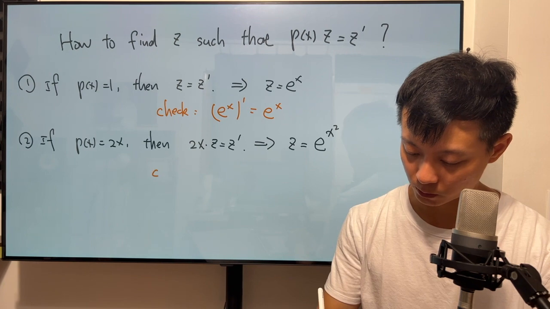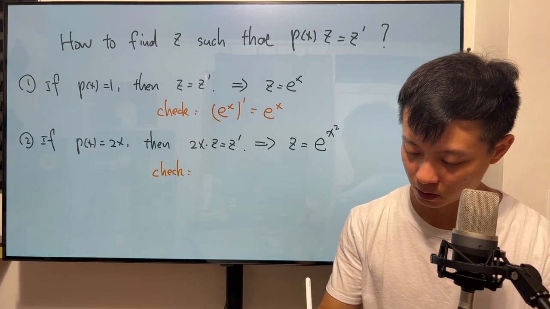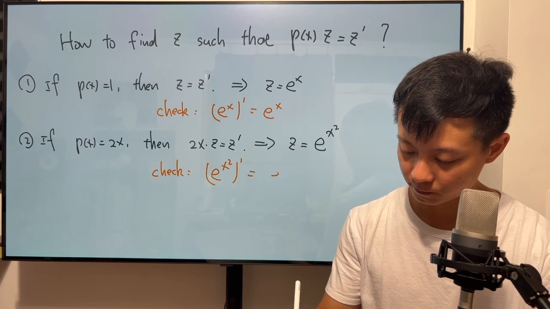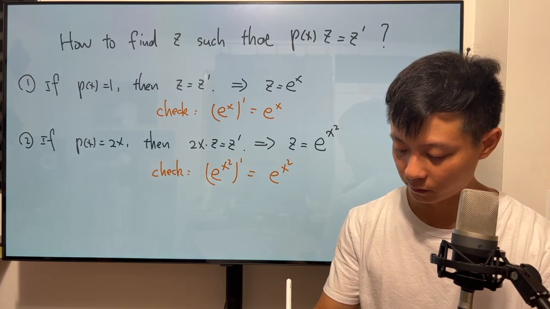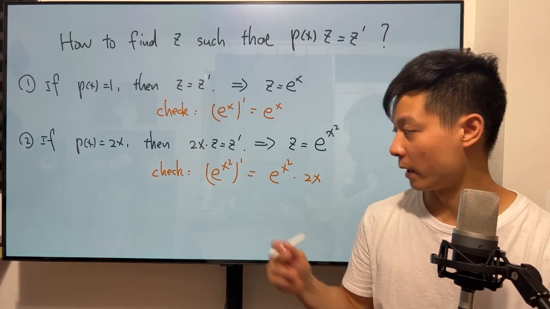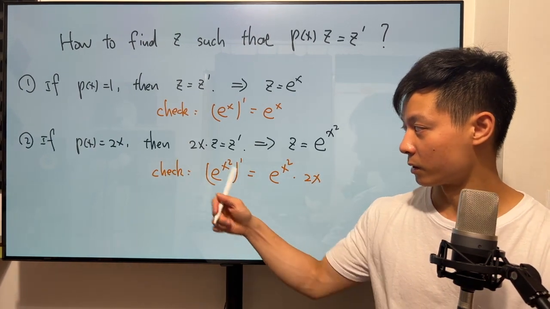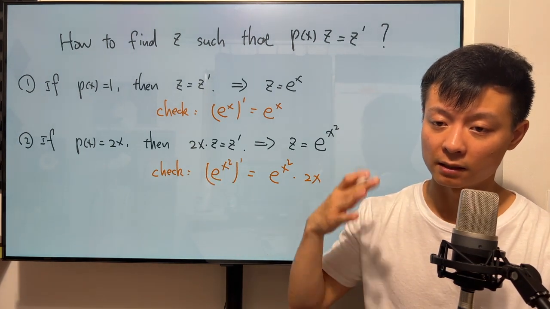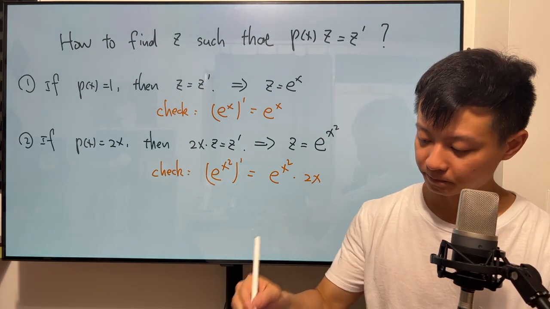And then we do a quick check here: the derivative of this is going to be this function itself multiplied by the derivative of the inside function, 2x. So it looks exactly the same as this equation. It does satisfy it.